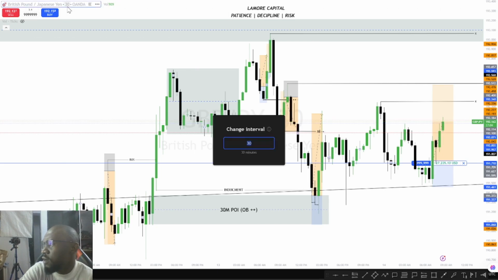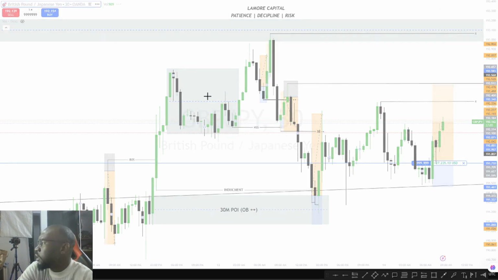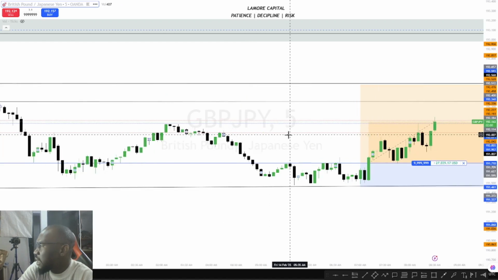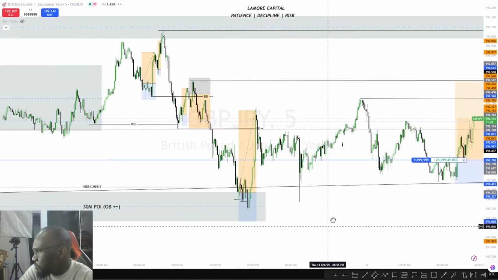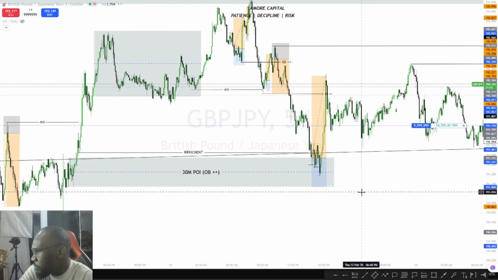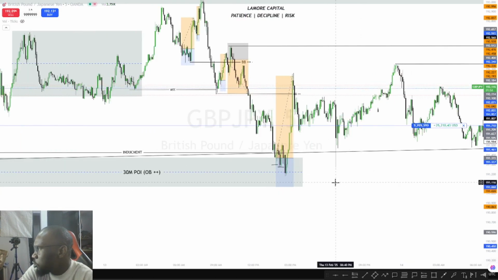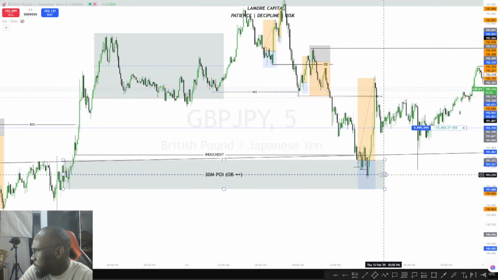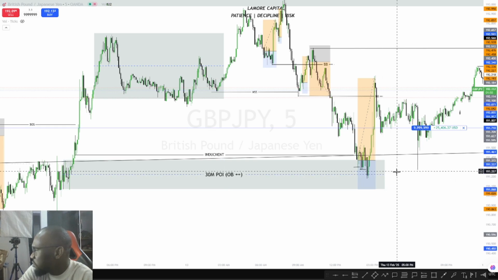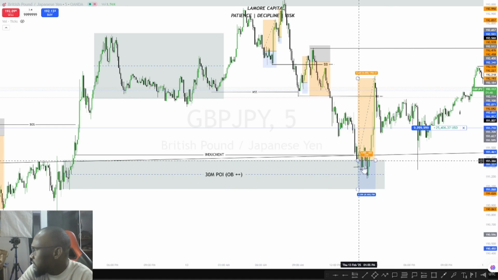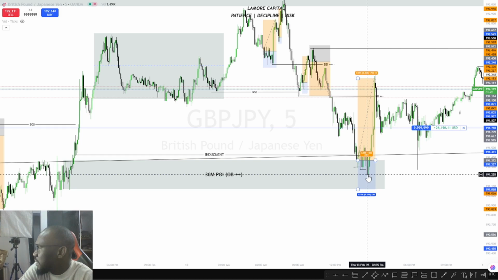So let's go back to our 5 minutes time frame to confirm the criteria we use to enter this trade. I've already drawn my point of interest, and I knew that this line in the middle is the 0.5 level. So the moment the market broke into this level, that was when I entered the market.